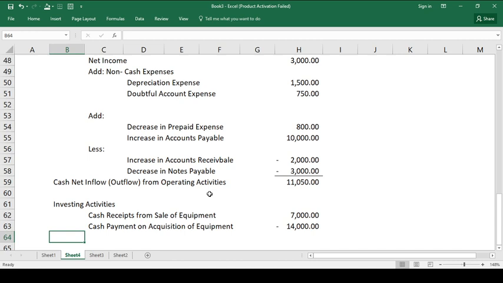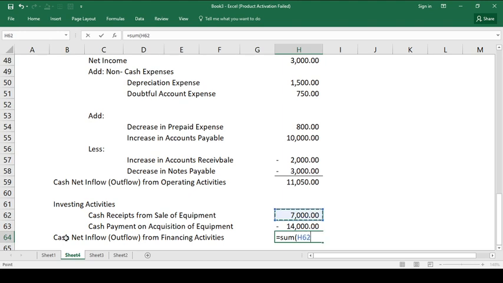And then, we do the math, okay, by deducting 14,000 from 7,000. And then, let's provide a title for this, cash net inflow or outflow, okay, from financing activities. Which is, let's do the mathematics, okay, sum, so that is 7,000.